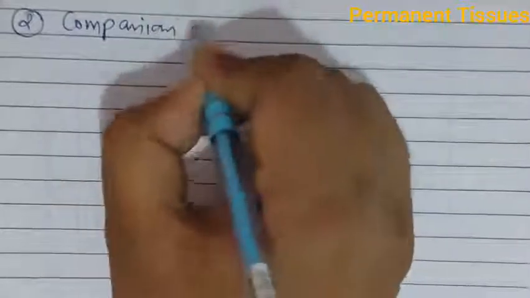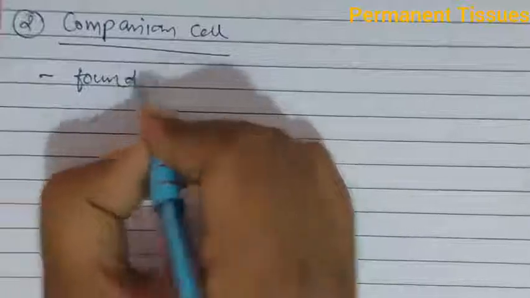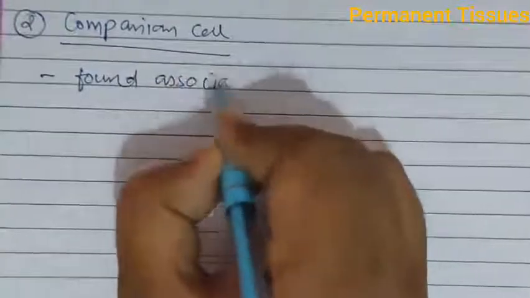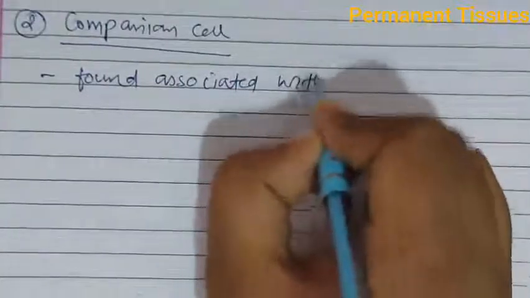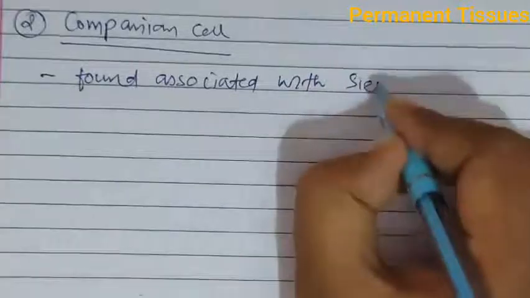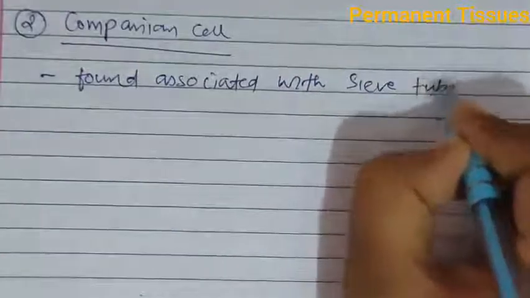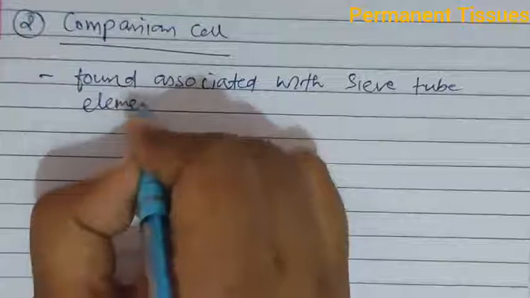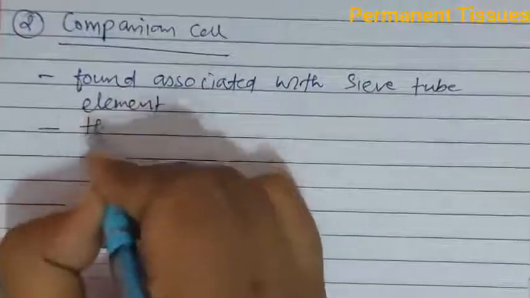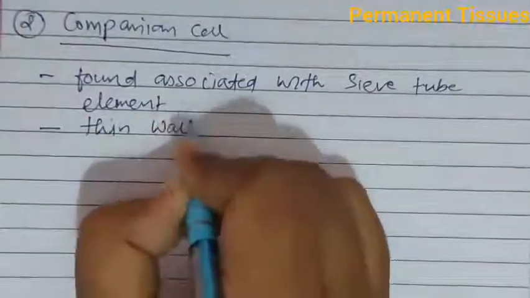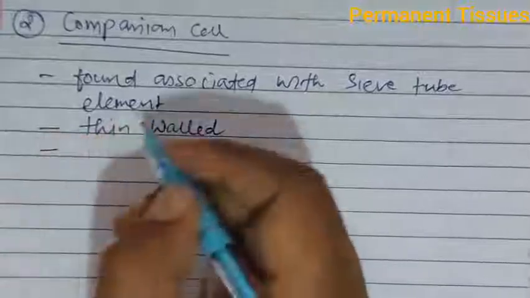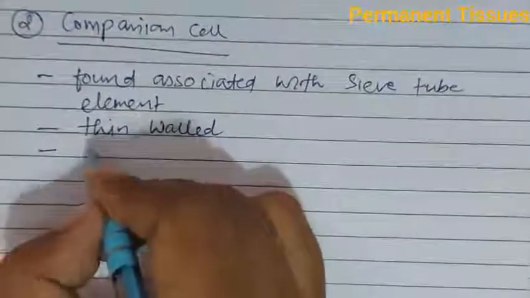Next, the second component of phloem is the companion cell, and as we have seen, they are found associated with the sieve tube element. They are thin walled, they have a proper cytoplasm.